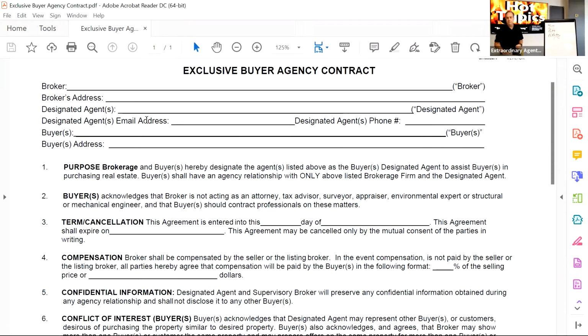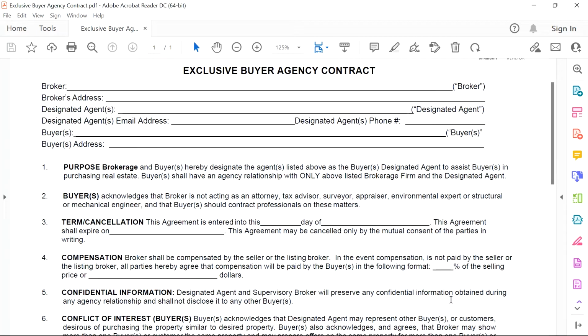In there, I want you guys to keep fighting for your commission. We're seeing a lot often where it's less than this, but it states whatever they're going to offer.